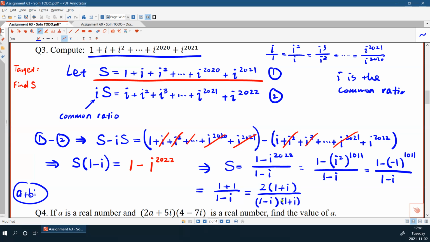We need to rationalize the denominator. This gives us 2 times (1 plus i) over 1 minus i squared, and 1 minus i squared is actually 2. So the final result is 1 plus i.